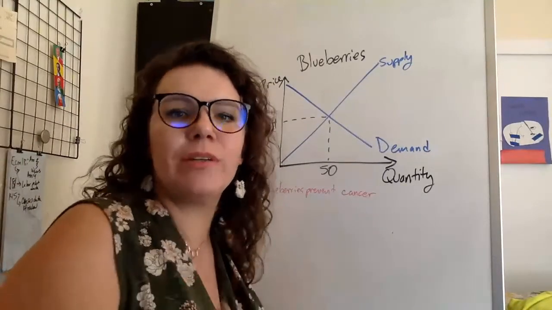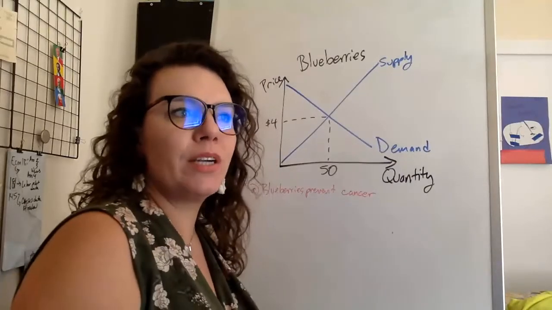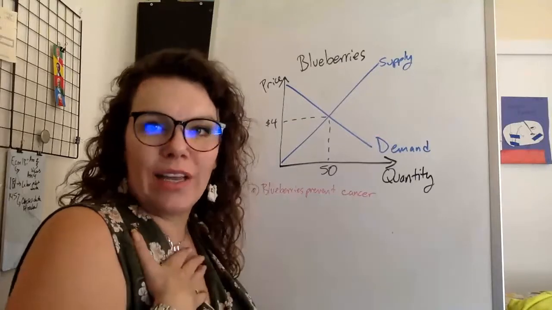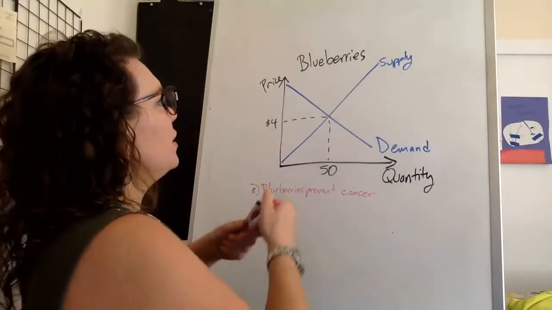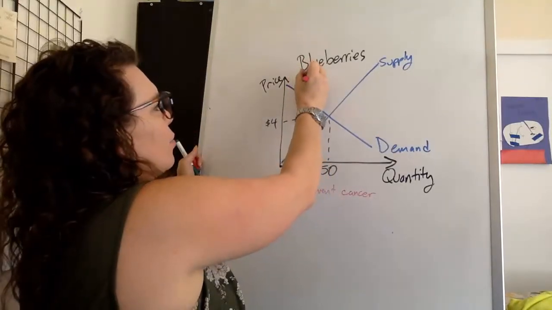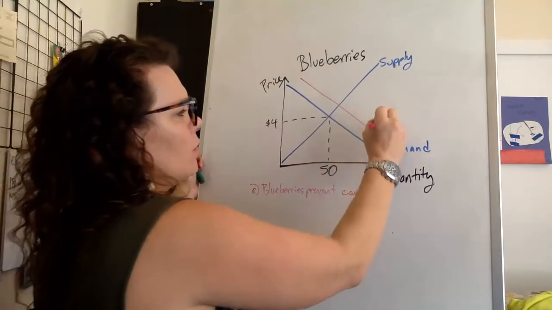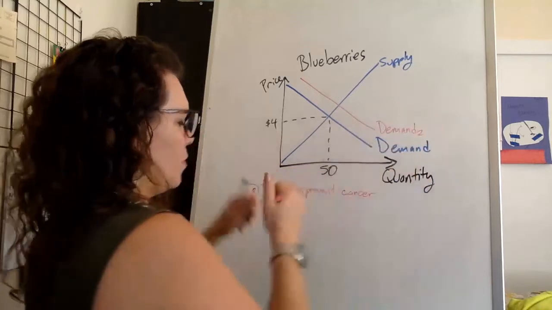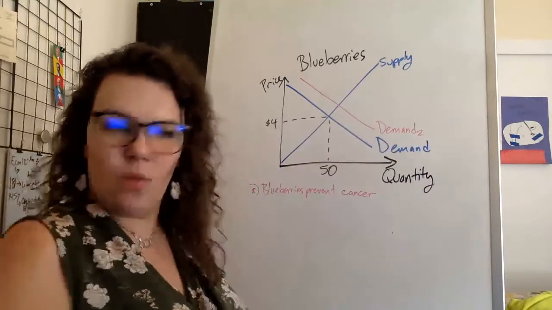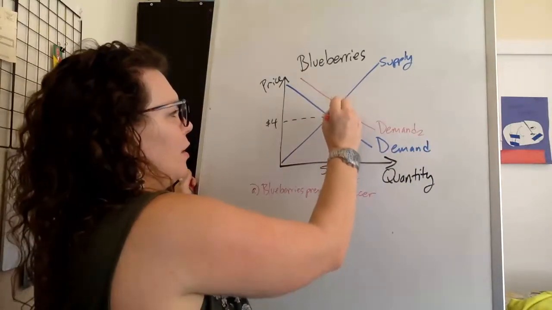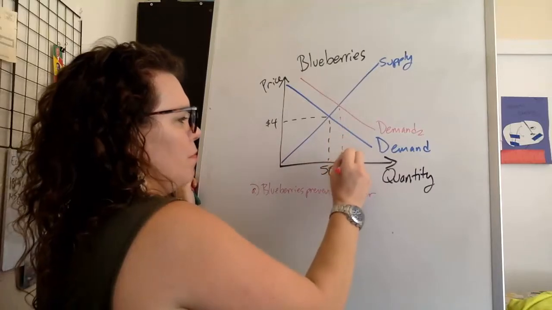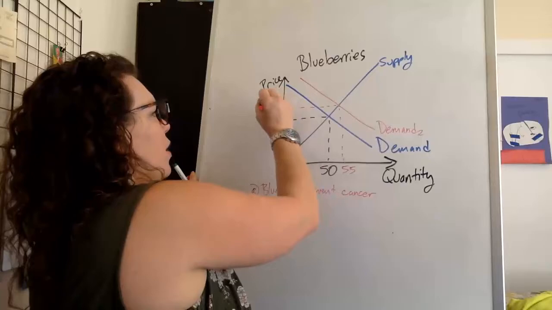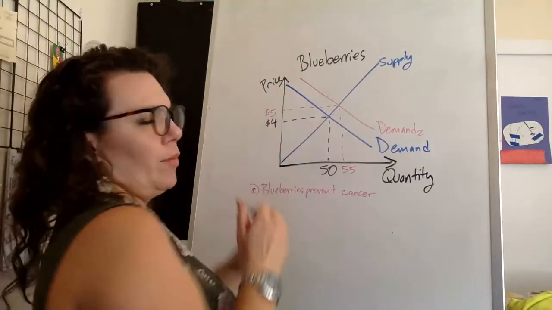It's going to make blueberries more popular because people are going to say, oh wow, blueberries are great. I don't want cancer. I'll eat more blueberries. So we'll see the demand curve for blueberries shift out to the right. That's also going to mean we have a higher equilibrium quantity, maybe 55, maybe 100, maybe 51, and some higher equilibrium price.